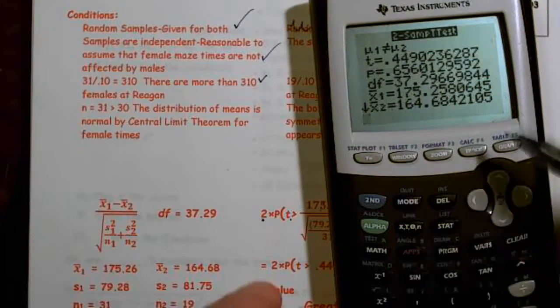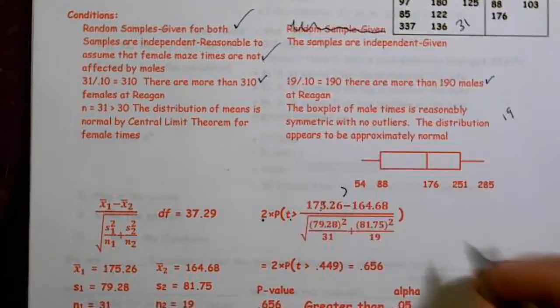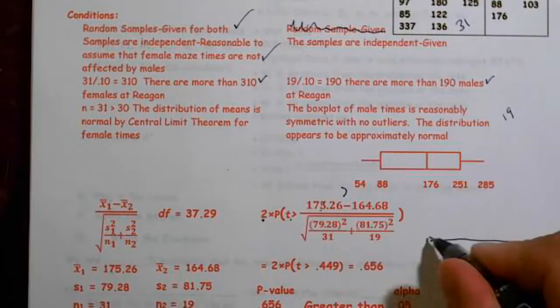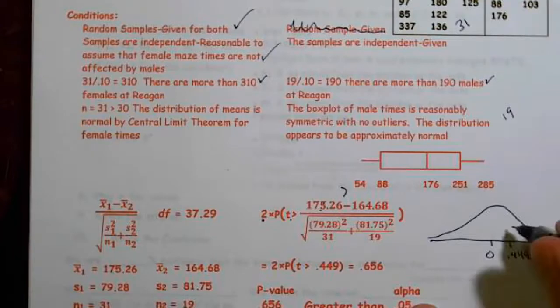And when we ran it, we got a t-score of 0.449, which is positive. So this is what this really means. When we ran this test, we ended up with a t-score of 0.4490, where 0 is the center for the t. And we found the area of this.